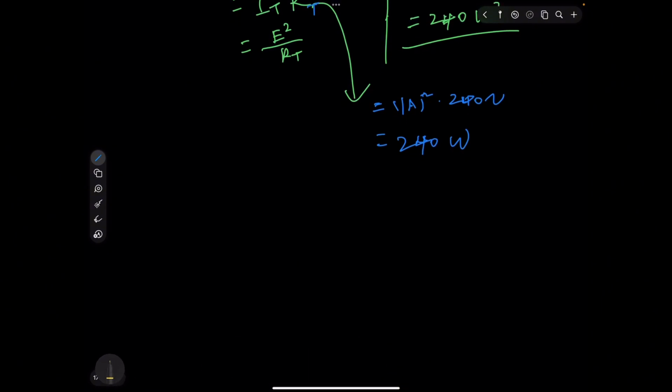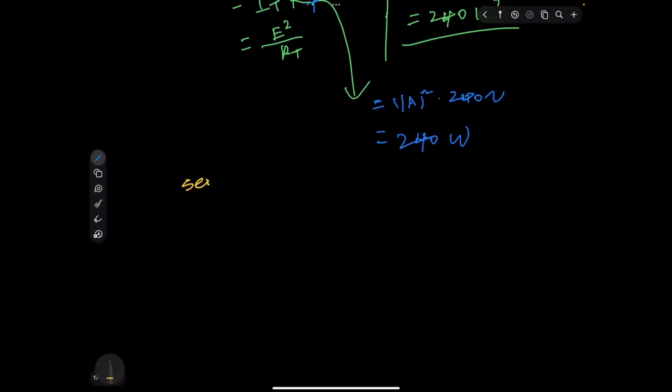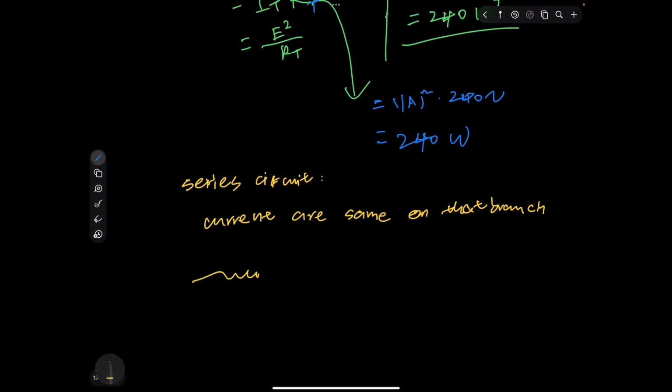So basically, for the series circuit, the current is the same on that branch. Let's say if we have a resistor in series with another one, R1, R2, R3.